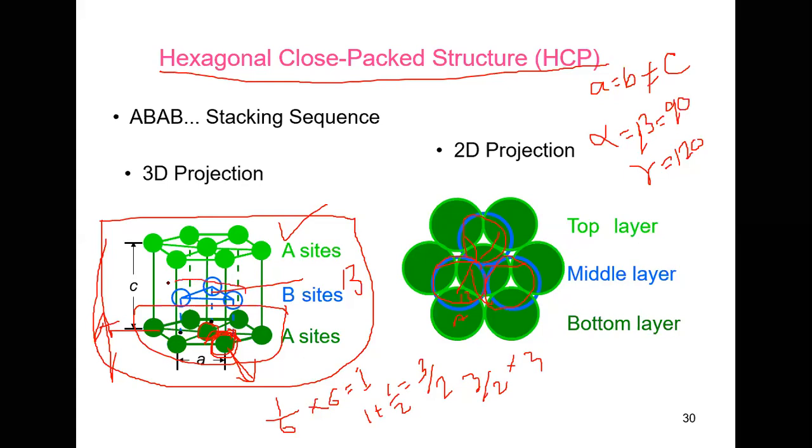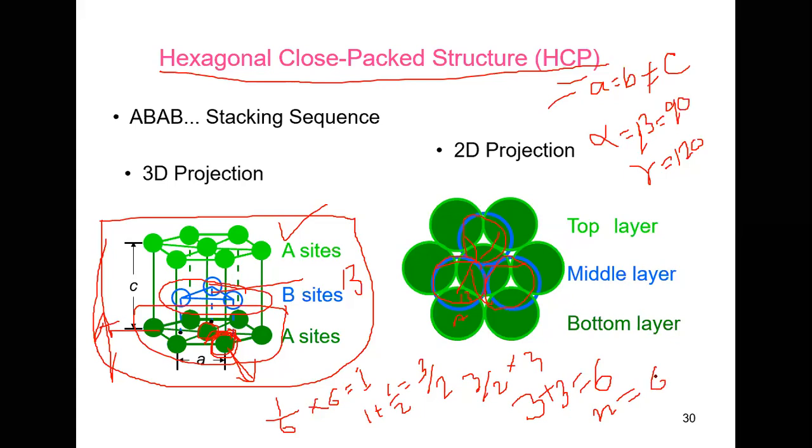The mid layer lies entirely in the unit cell, so these 3 atoms are in its own unit cell. So the total number of atoms is 3 plus 3, that is 6. So the number of atoms per unit cell in the hexagonal close-packed crystal structure, or HCP, is n equal to 6.